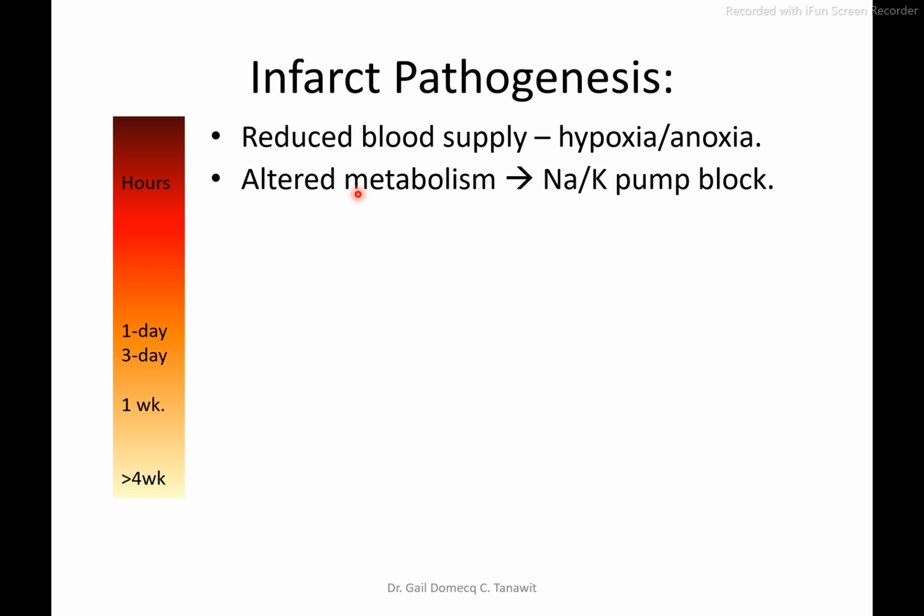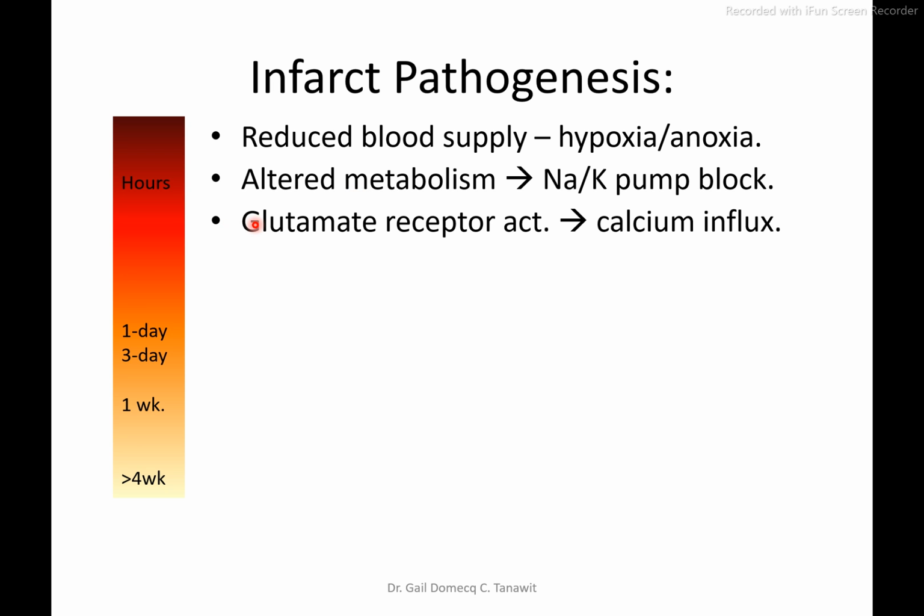Altered metabolism, the sodium-potassium pump is impaired. Then the glutamate receptors act, leading into a calcium influx. So in ischemic injury, there would be red neuron changes, vacuolation, cell death, karyorrhexis.